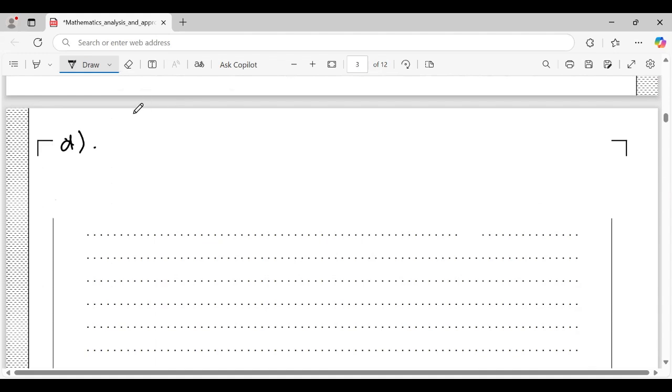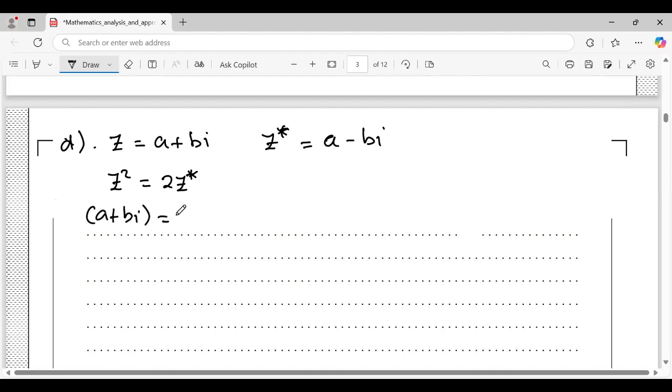I'm going to express z in the form z equals a plus bi. And the complex conjugate of z equals a minus bi. This is the conjugate of z. So if z squared equals 2 times the conjugate of z, it becomes (a plus bi) squared equals 2 times (a minus bi).